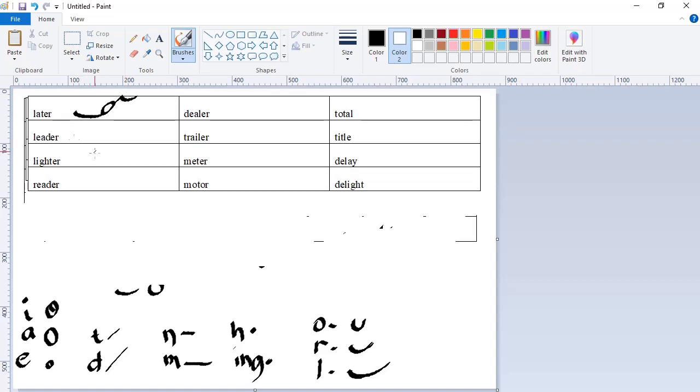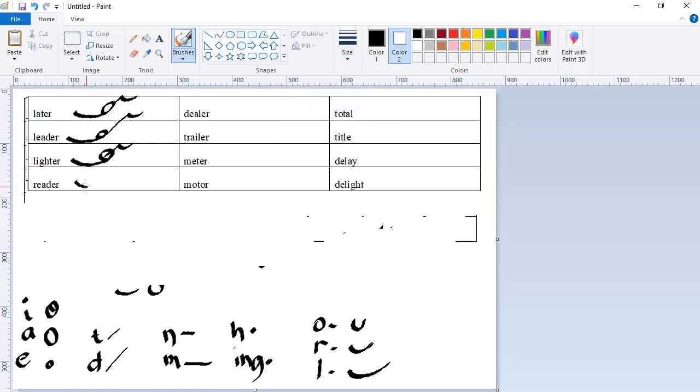Okay? Next, leader. So we have lay, and then we have der. Lighter. We have light. And then we have der. Next, we have reader.